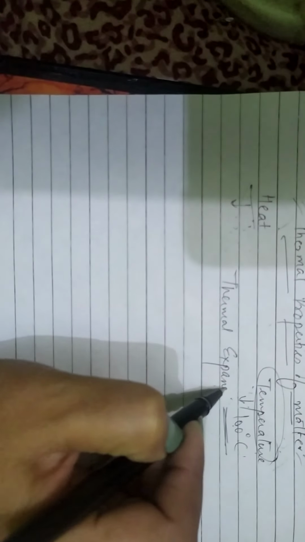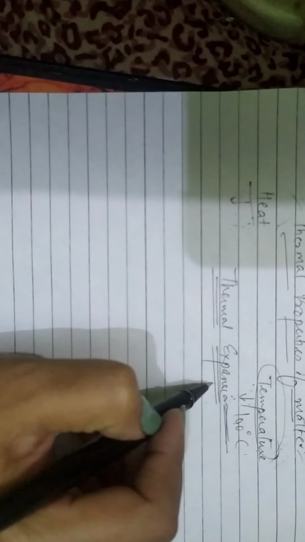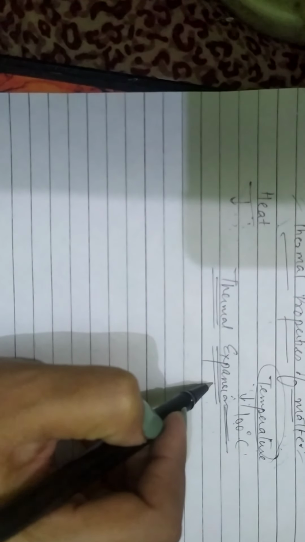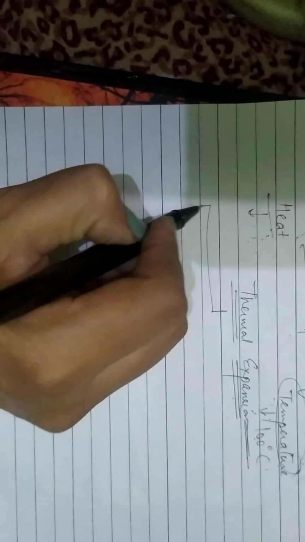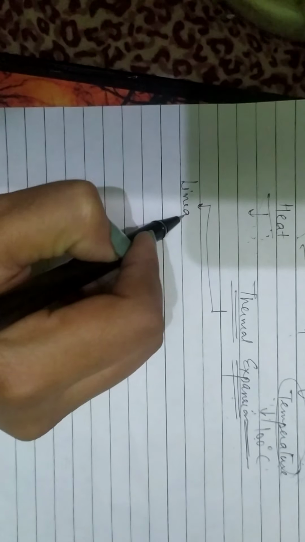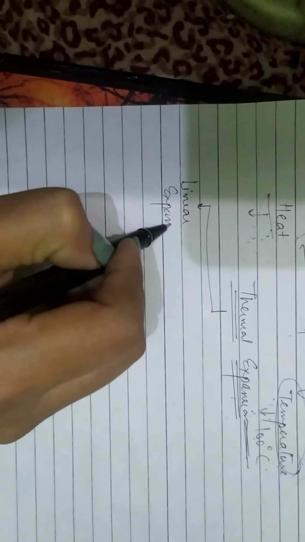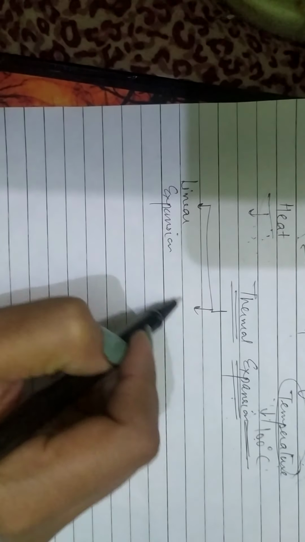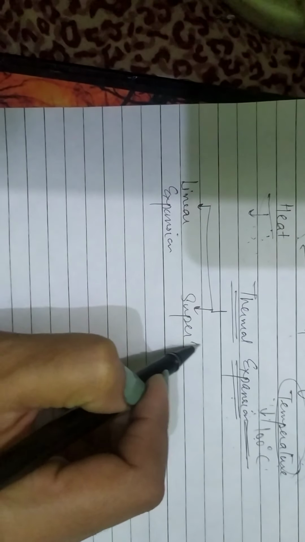Thermal means heat. Expansion means when the dimensions of any object increase. That means it expands. So thermal expansion is of three different types. One is linear expansion. Another is superficial expansion.